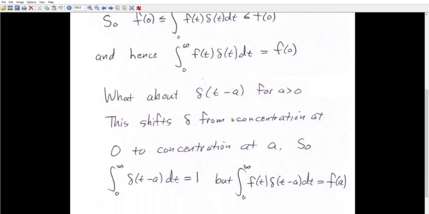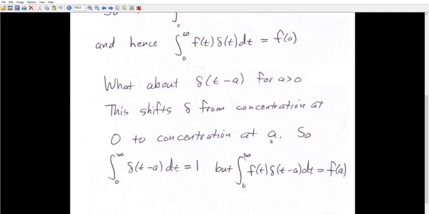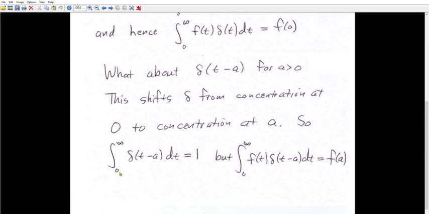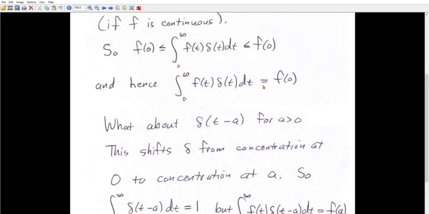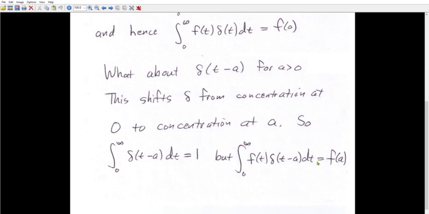And the concentration of delta shifts from 0 to a. And what's going to happen is the area under the curve is still 1, and the curve is at the single point a. But now this thing turns on when t equals a, and it's going to pick out the function value not at 0, but at a, which is essentially what happens here. Because this thing turns on at 0, you pick out f of 0. Because this thing turns on at a, you pick out f of a.